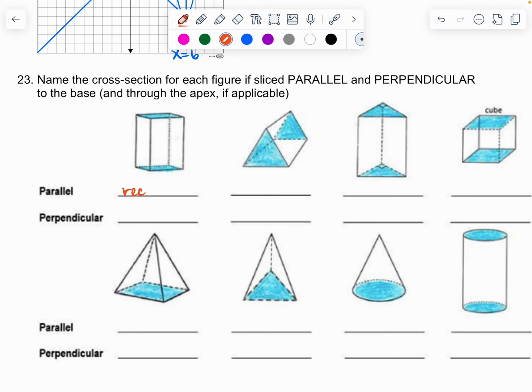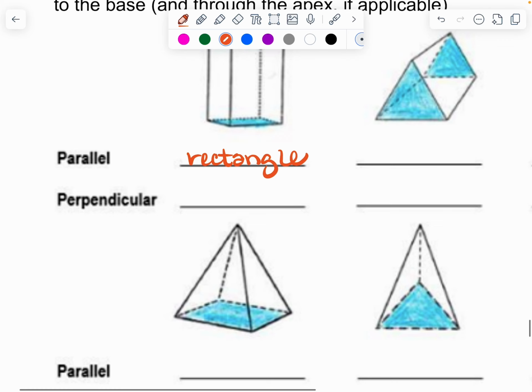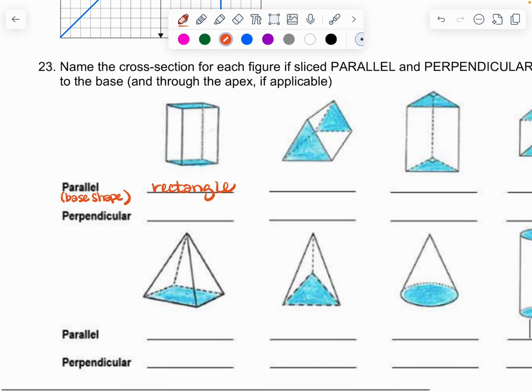So basically, if I slice parallel through this rectangular prism, clearly my cross-section is going to be a rectangle because that is the shape of the base. And guys, that's always going to be, here I'm going to put base shape. When I slice parallel to the base, my answer is always going to be the shape of the base.